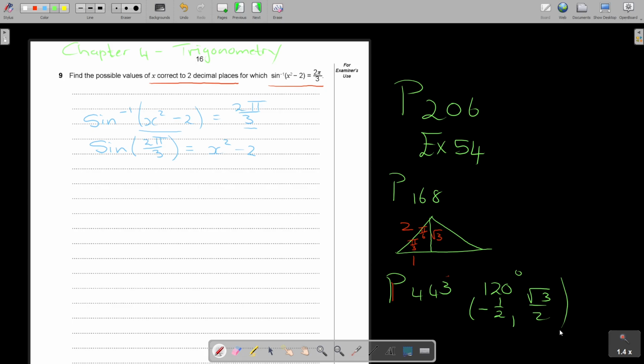So basically, if I'm going to substitute, what does sin of pi over 3 stand for? Sin is going to be opposite over hypotenuse. Remember, SOHCAHTOA.